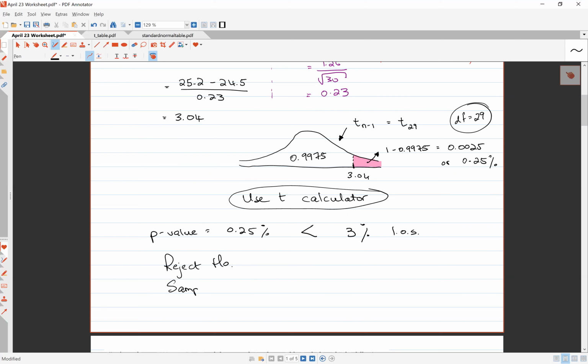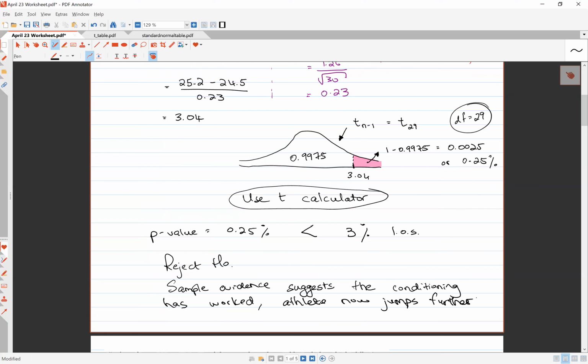So we would say here that the sample evidence suggests that the conditioning has worked. And what's happened as a result is the athlete now jumps further than what the null hypothesis value had been.